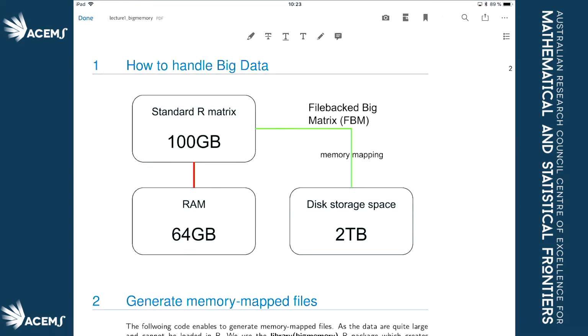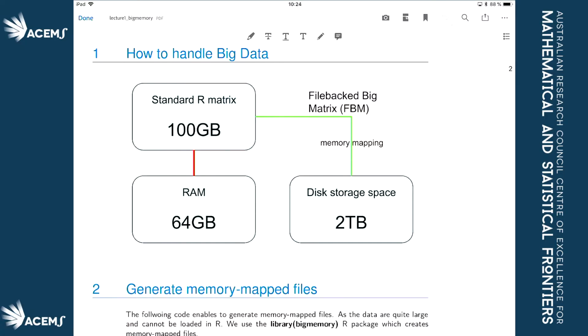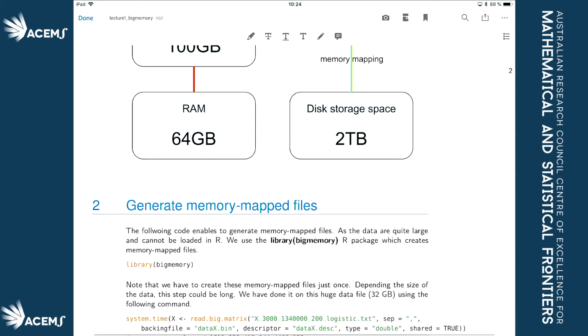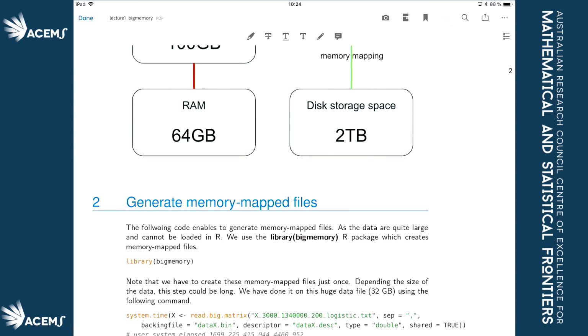If you consider that we work with a standard matrix data set of, say, 100 gigabytes, but your RAM is just 64, you can buy more RAM or use the storage from your disk. This is done by creating what we call a file-backed big matrix, using the big.matrix function in the bigmemory package.